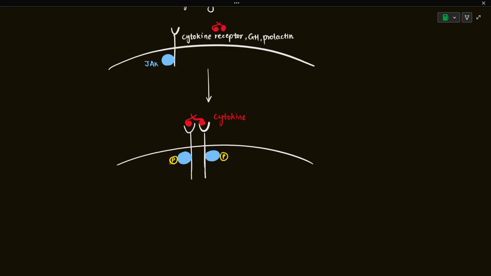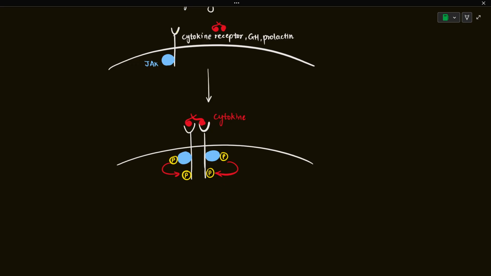So what will happen? JAK1 will phosphorylate tyrosine residues on the intracellular domain, and JAK2 will also phosphorylate tyrosine residues present on the intracellular domain. Now you can see that phosphotyrosine residues are being formed on the intracellular part of the cytokine receptor.